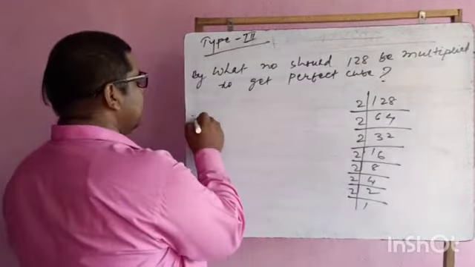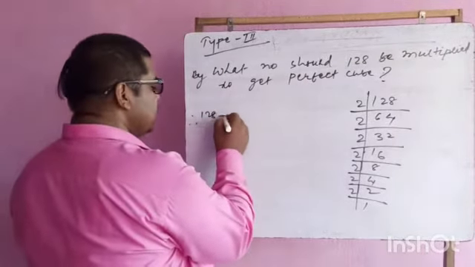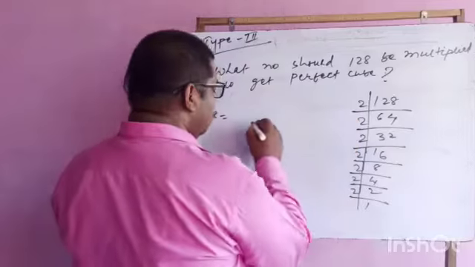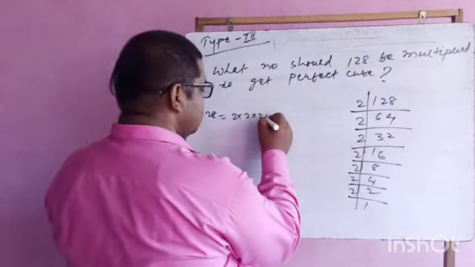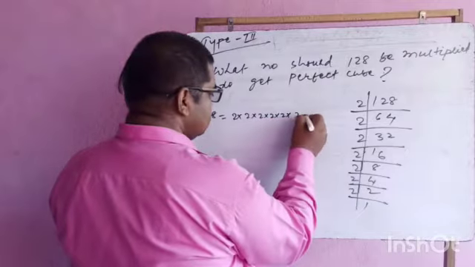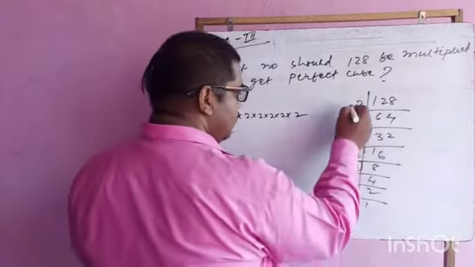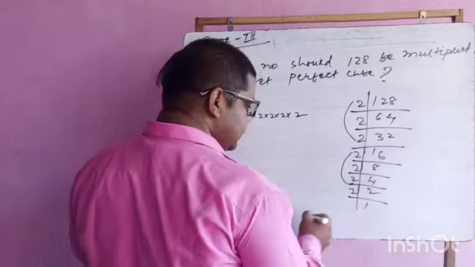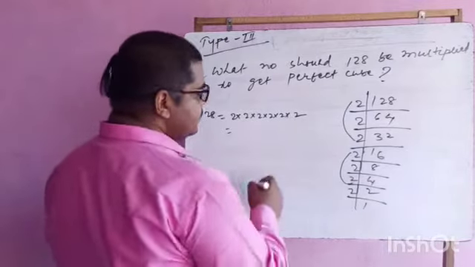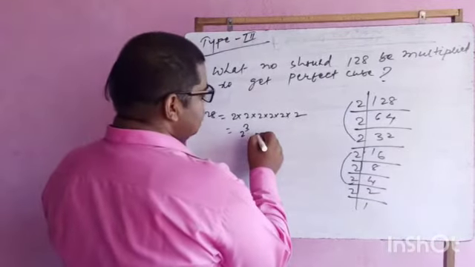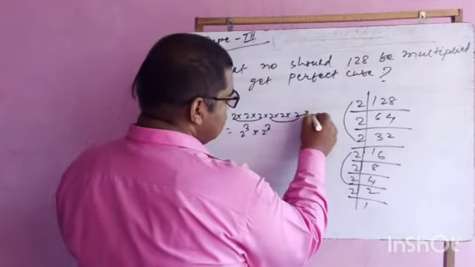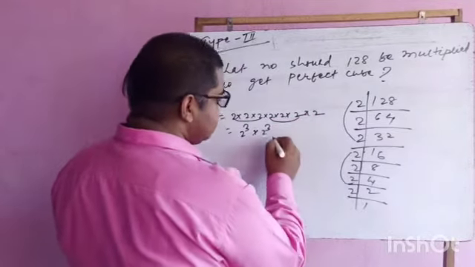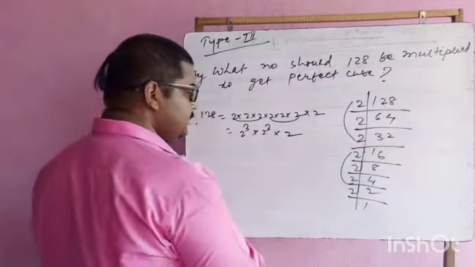You can see that 128 has 2 cube taken as many times as possible, and one 2 is left.